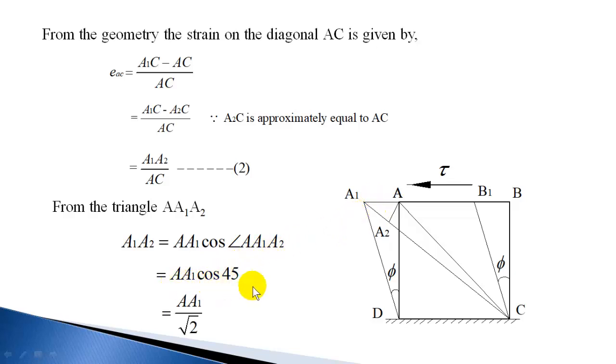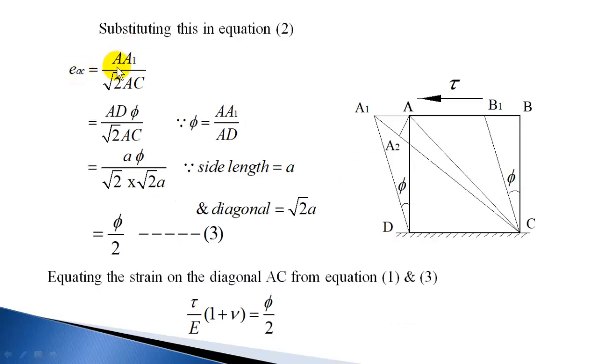A1A2 divided by AA1 is cos 45, the adjacent side. So A1A2 is AA1 cos 45. Now cos 45 is 1 by root 2. So A1A2 is AA1 by root 2. So in this equation, I am writing A1A2 as AA1 by root 2.